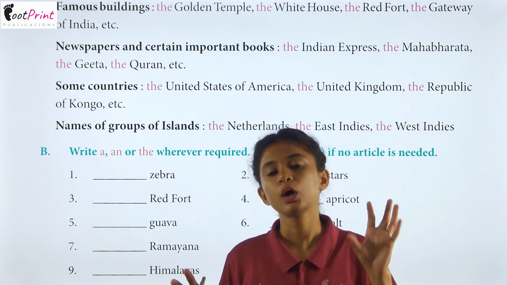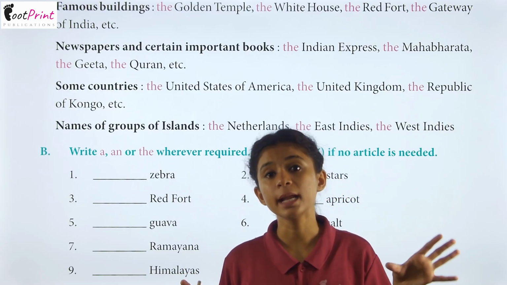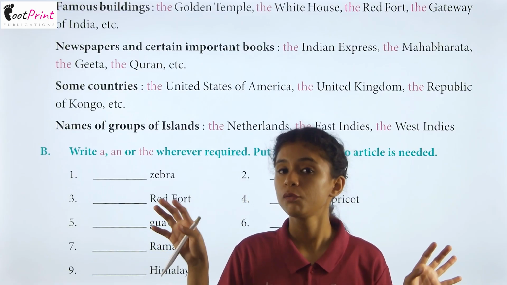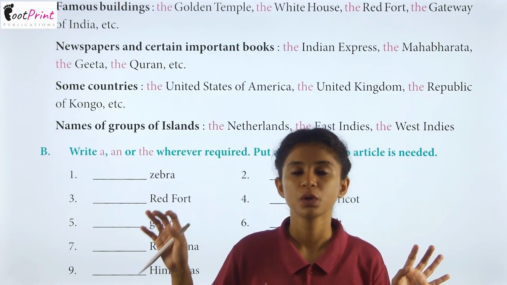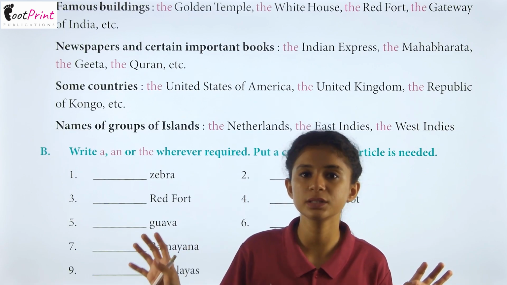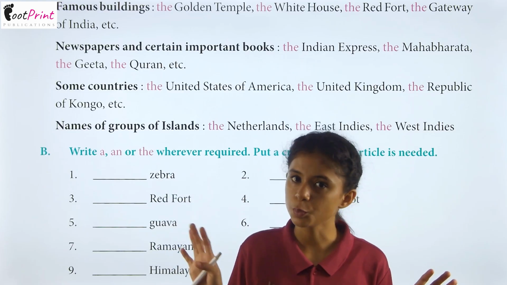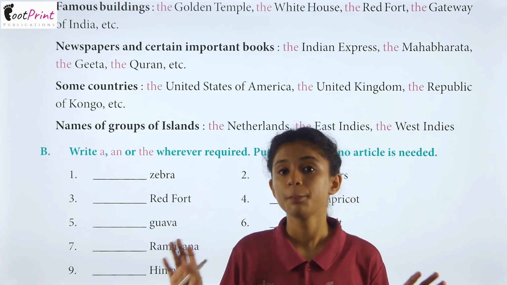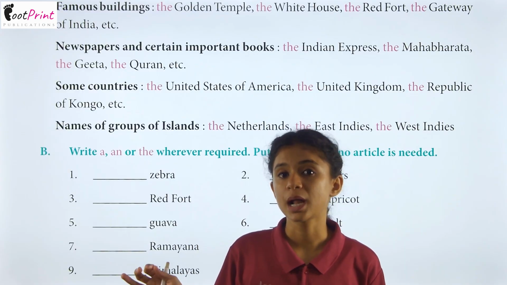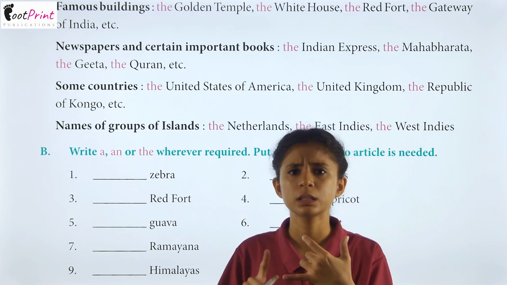We use a with the nouns which begin with a consonant sound and an with the nouns that begin with a vowel sound, and we use the for definite things that we know, for the things that are one of a kind, for some countries, for some islands, and for some mountain ranges, for some rivers. So these are some proper nouns that we use it with, but we do not use it with every proper noun.